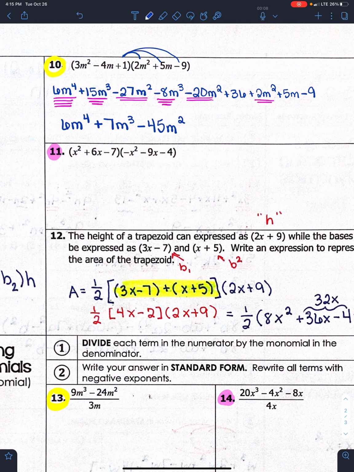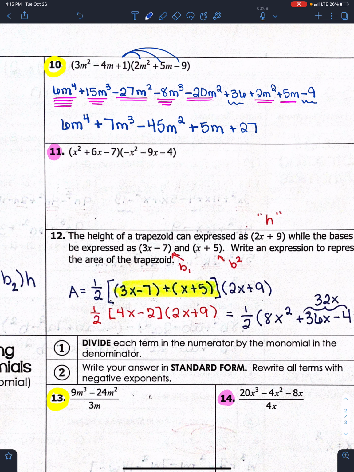Looking for just the m's in this case, I've got positive 5m. And then my constants are 36 minus 9, which gives me positive 27. The highest degree of that polynomial is the 4th degree, so that makes it quartic.